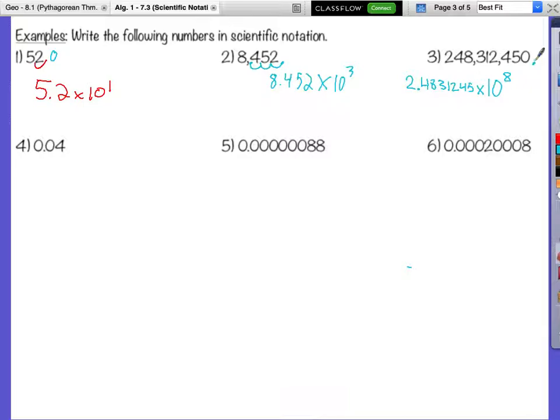Is that a negative sign or a positive sign? Wait, I didn't check your last one. Where's the two? You have this thing all backwards. It should be two, and we should end in 8, not start with 8 and end in 2. Redo it.